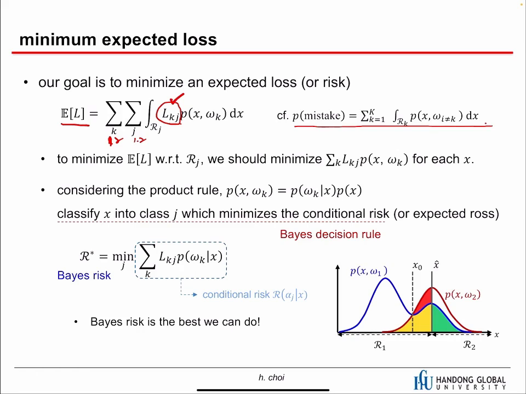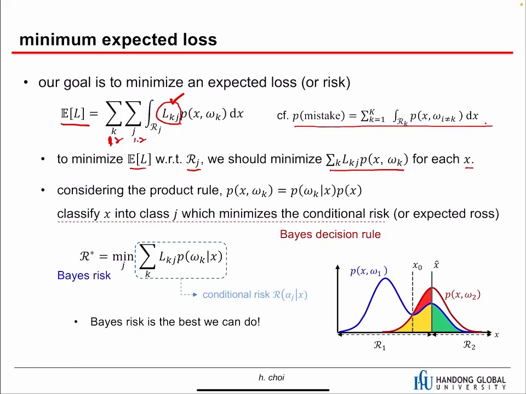Okay, and to minimize this loss with respect to rj means when we change the classification, when we update our model, then the boundary will change, which means we change the regions for classes, and we should minimize this one for each x.